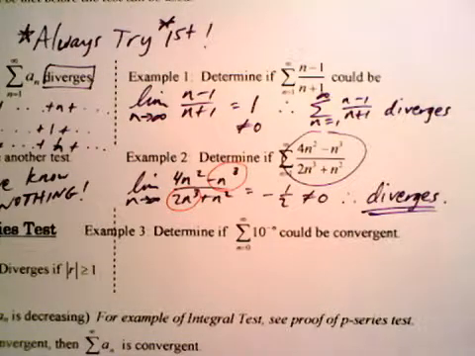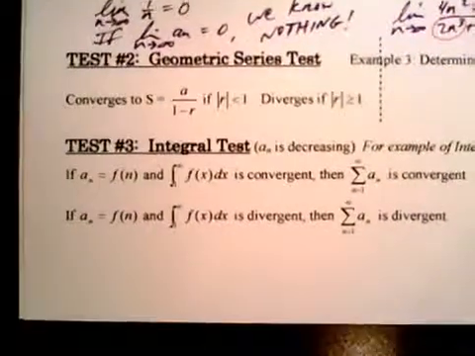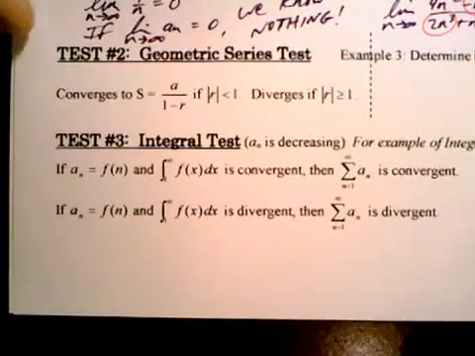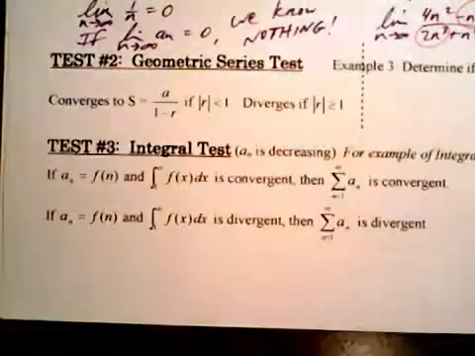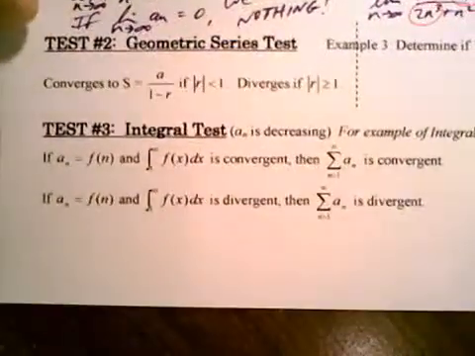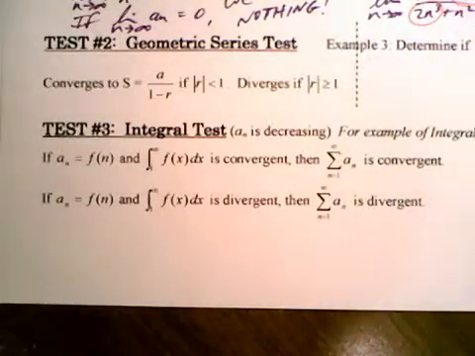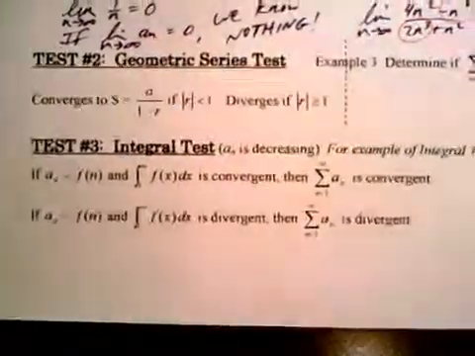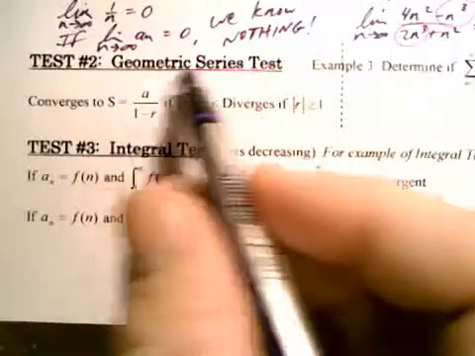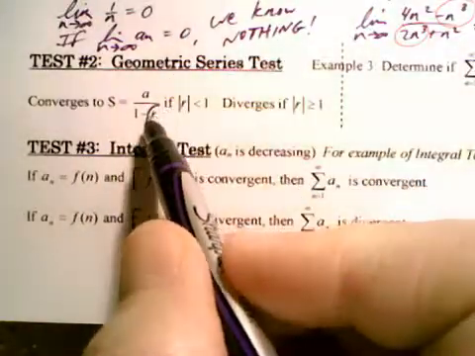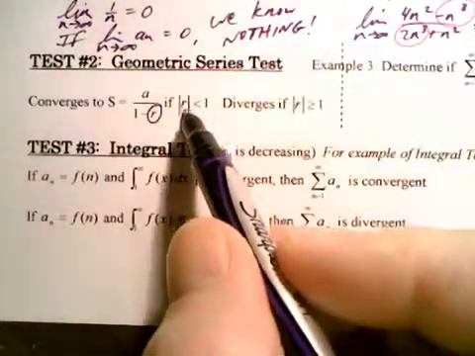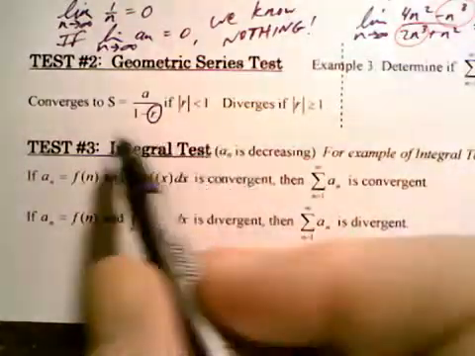Nine more to go. Test number 2 is a pretty easy one because you've basically already done this. Here we have if it's a geometric series. This is one also most likely that would come up on an AP exam. It's an infinite geometric series, and you know that if that common ratio has an absolute value of less than 1, then it converges.